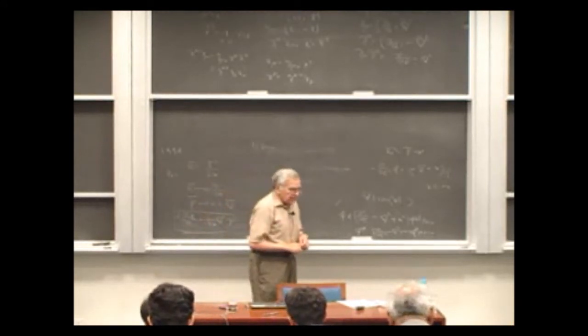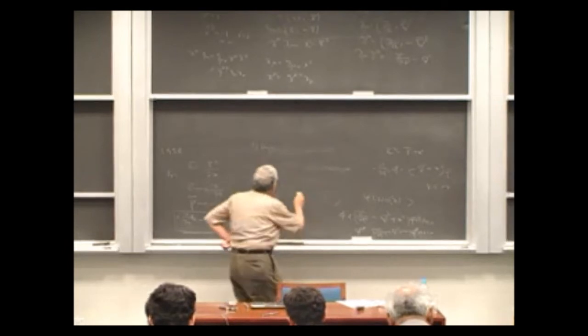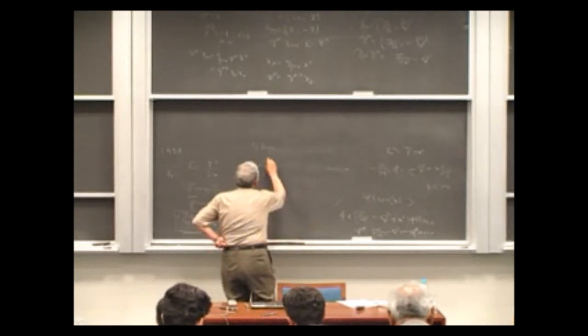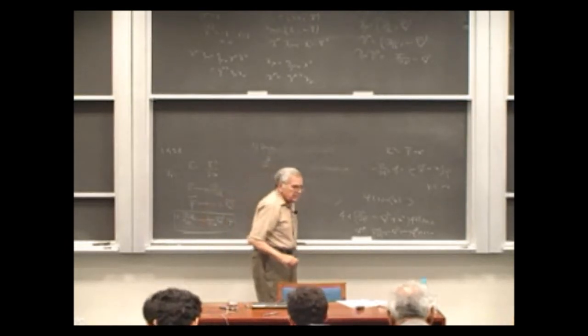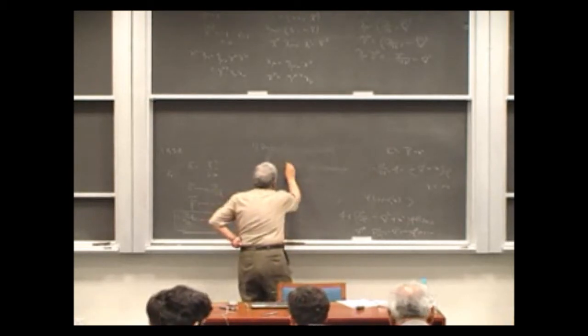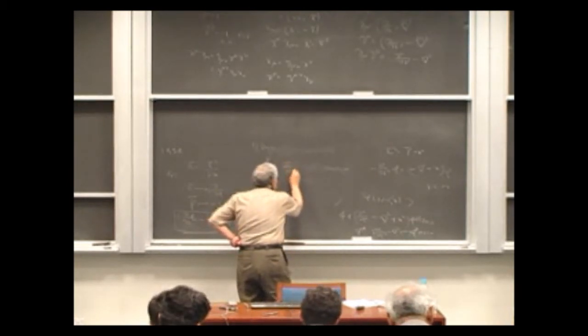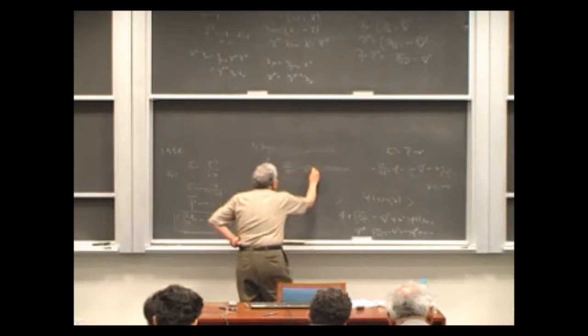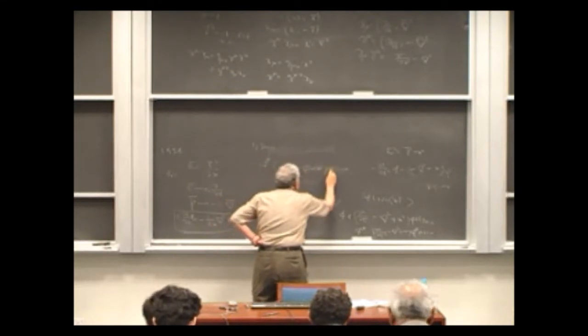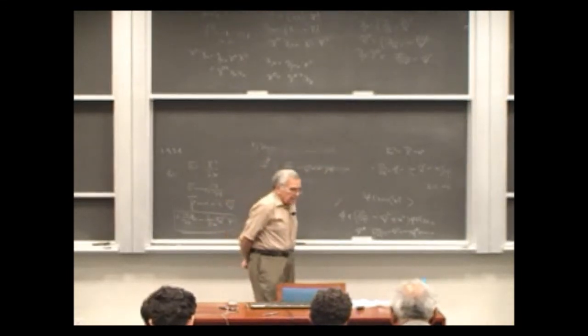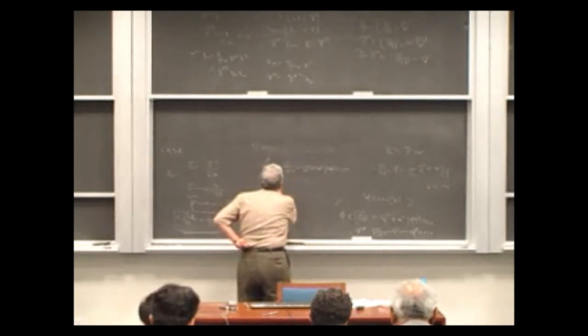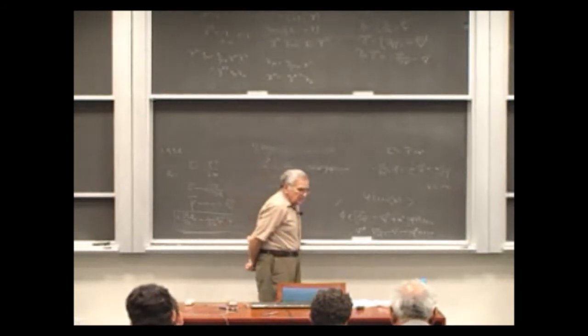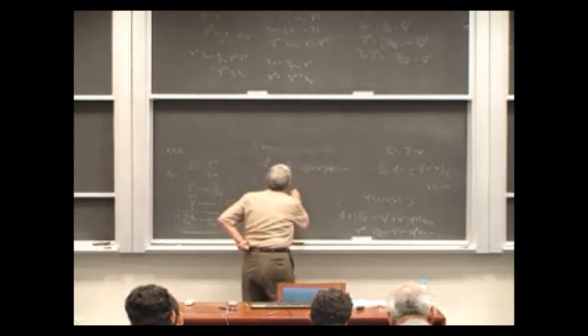If I do that, I will get here φ* (∂²/∂t² - ∇² + m²)φ minus φ (∂²/∂t² - ∇² + m²)φ*.